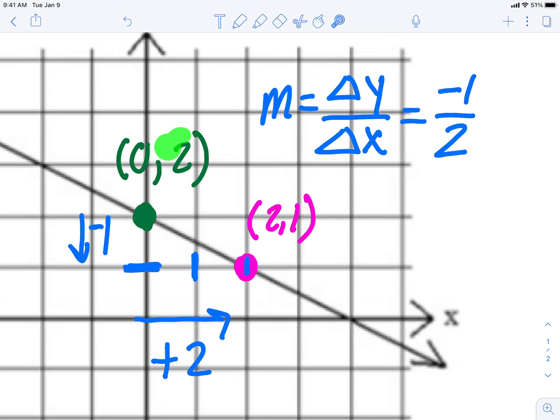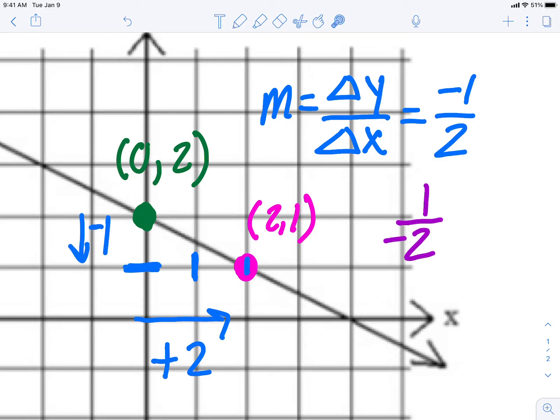And 2 minus 1 gives me 1. Doing my y's first, because we're doing delta y, 2 minus 1 is 1, over, now the x's, 0 minus 2 is -2.